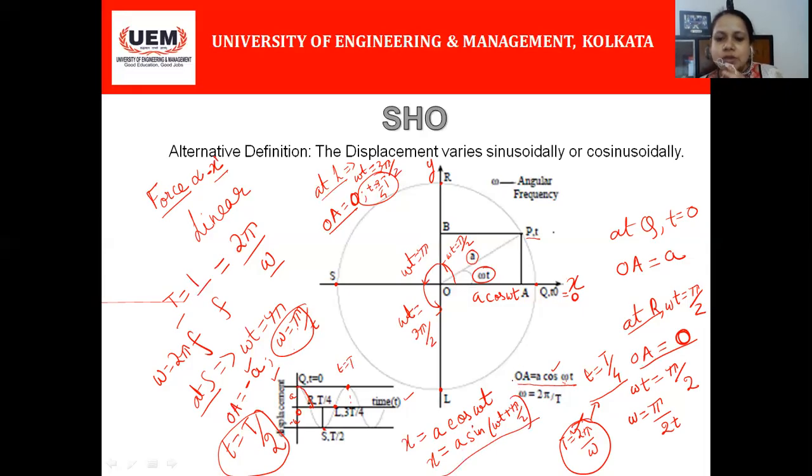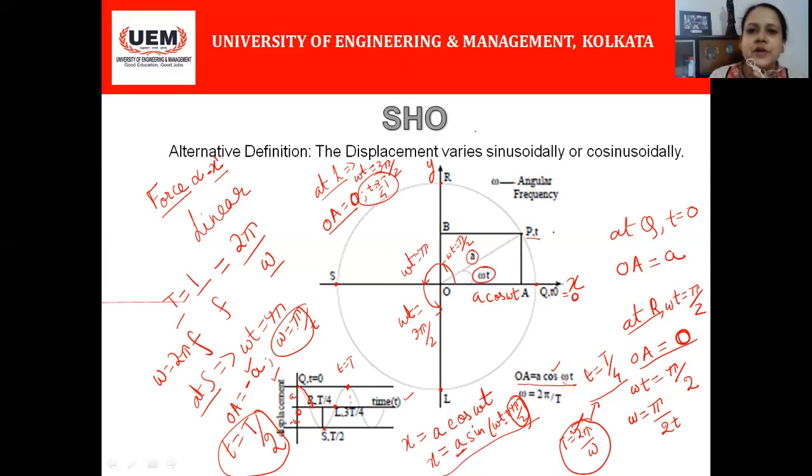Here A is the amplitude of motion. The motion is a sinusoidal function of time, as we see, and the initial phase or epoch here is pi by 2.